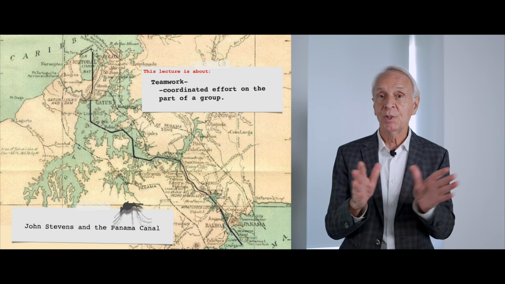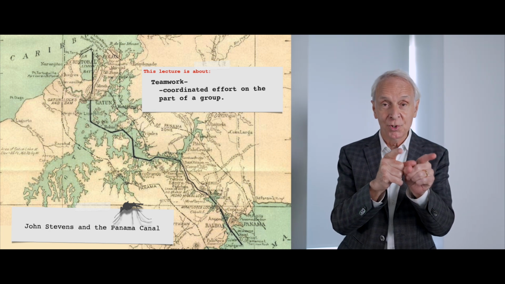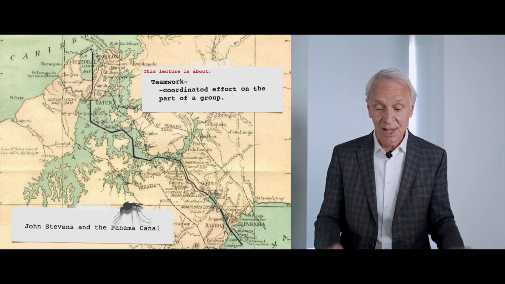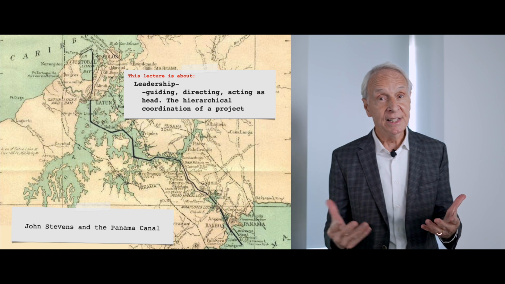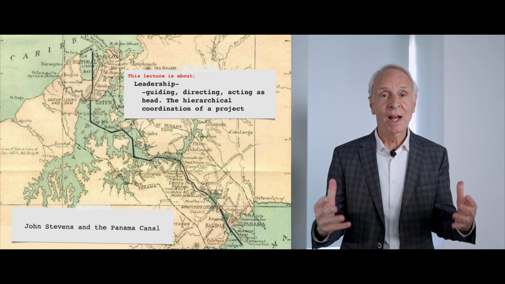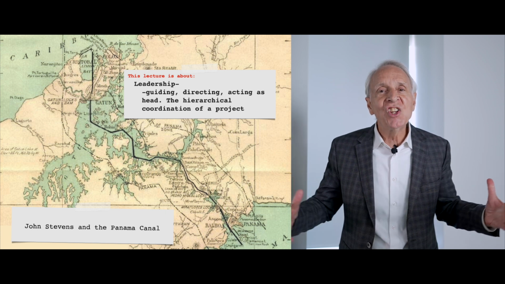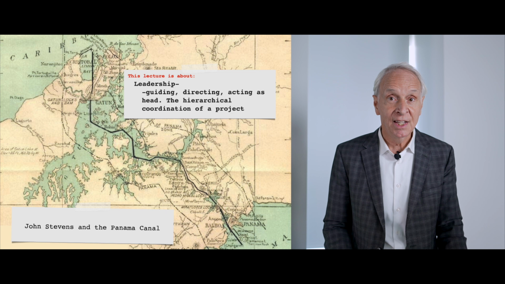Or teamwork, which is a coordinated effort. One person doing part of the problem, another person doing their role, another person doing their role, and working together to solve the problem. Then leadership is the third term, which is guiding or directing or being the overseer that shapes the larger direction that the effort is taking.